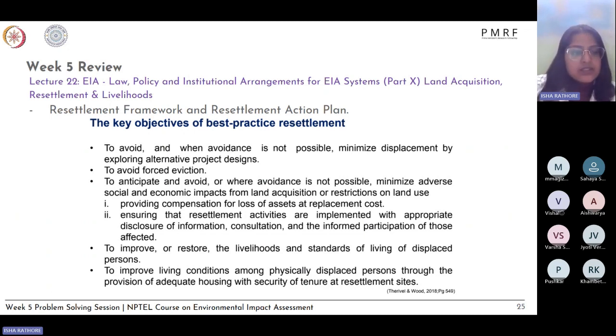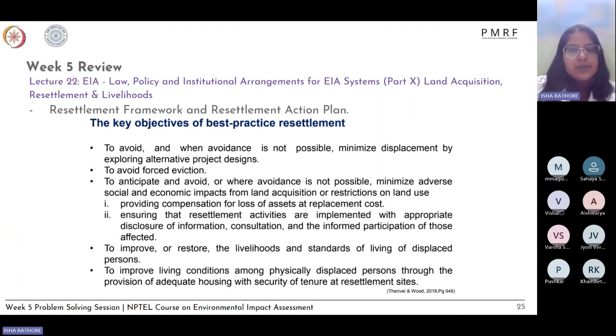Another aspect is to improve and restore the livelihoods and standards of living of the displaced people, such that no negative feelings are associated, and later on there's no legal procedure happening which will affect the project deadline or the project timeline. Another key feature of a good resettlement is to improve the living conditions among the physically displaced persons through the provision of adequate housing with security of tenure at resettlement sites.